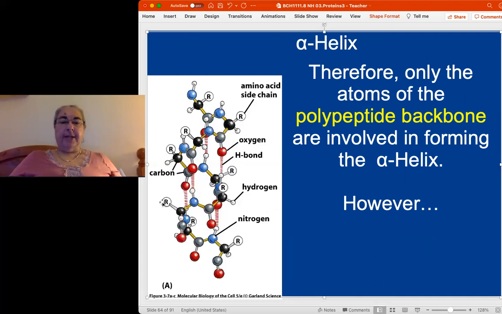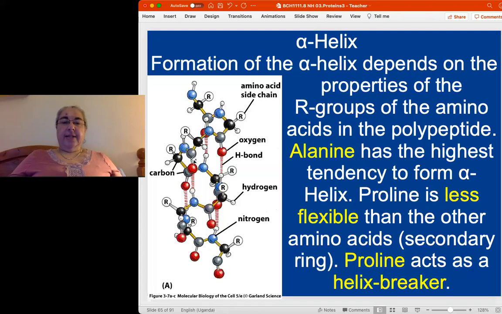So it doesn't really matter which R groups are here for the sake of the formation of the alpha helix, however, different R groups can disrupt the formation of the alpha helix, because you can see here that in some places the R groups are brought quite close together, and it's necessary that the phi and psi bonds are rotated to allow this helix to form.